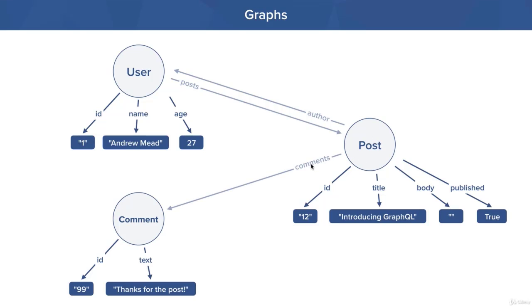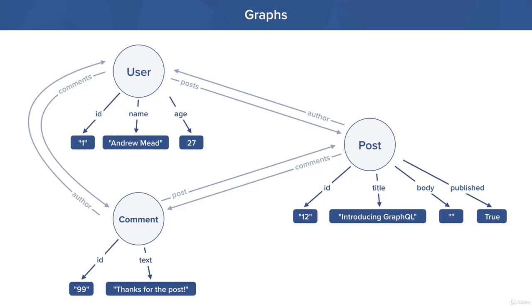Similar to post and user, post and comment will also have a certain relationship. There can be as many comments on a post as possible. We can also have a comments field associated with a post which can give all of the comments possible. So a post is related to comment, similar to a single comment being associated with a single post.